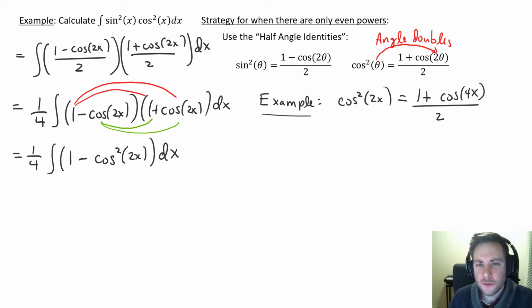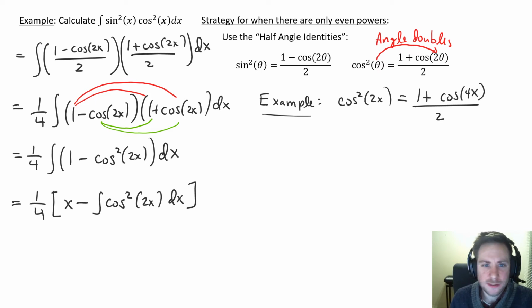Since we already know how to take the antiderivative of 1, we might as well do that part now. The antiderivative of 1 is x, but we still need to calculate this remaining integral of cos squared of 2x. How should we do that? Well, notice this is another scenario where we have an even power of cosine and no odd powers.